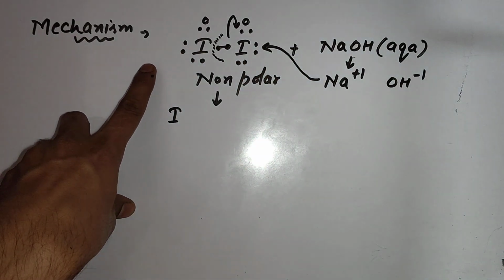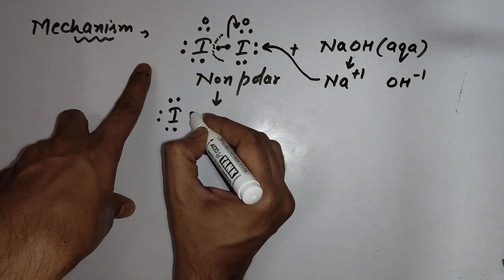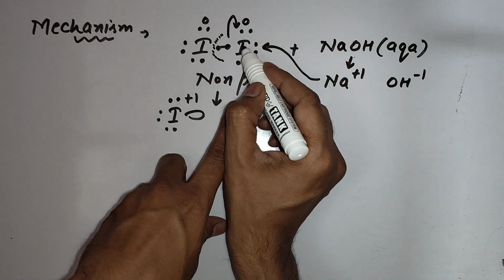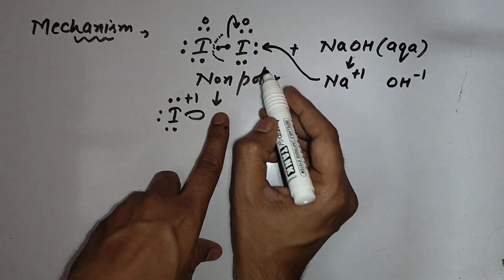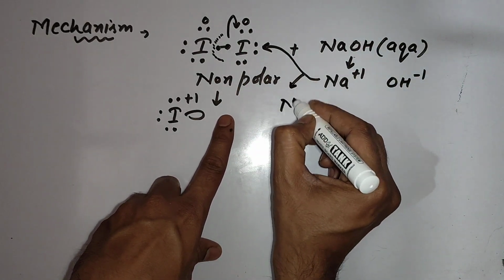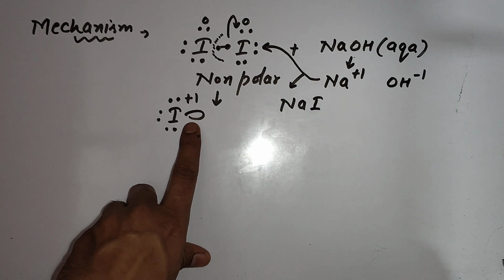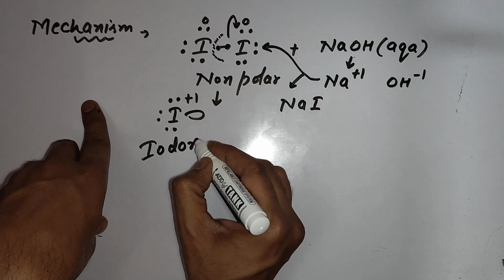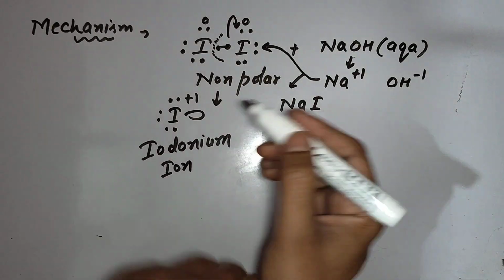This iodine atom which has lost its electron will turn to a positive iodonium ion, and this iodine which got an extra electron will turn to iodide, which will be balanced by this positive particle. So in turn it will make NaI. What about this iodonium ion? We call it an iodonium ion, iodine with a positive charge.